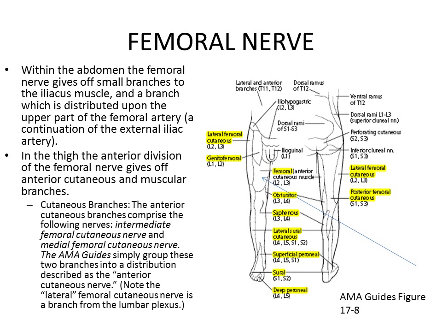And remember that the lateral cutaneous nerve, meaning the lateral femoral cutaneous nerve, is not a branch of the femoral nerve. It's a branch from the lumbar plexus, L2 and L3.